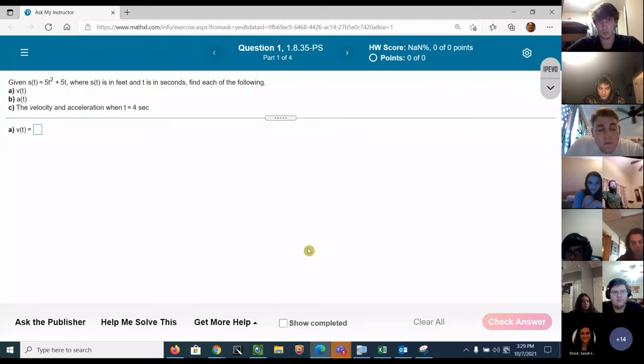Okay, the function s of t is equal to 5t squared plus 5t. And they want you to find the velocity and the acceleration, first and second derivative. And then they want you to plug and chug when t is equal to 4. So go ahead and do that.